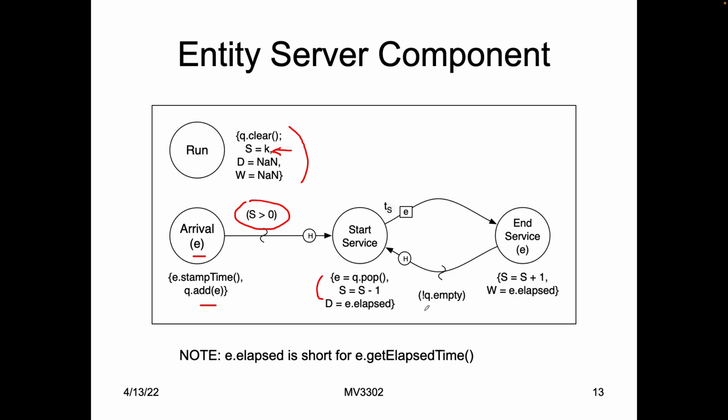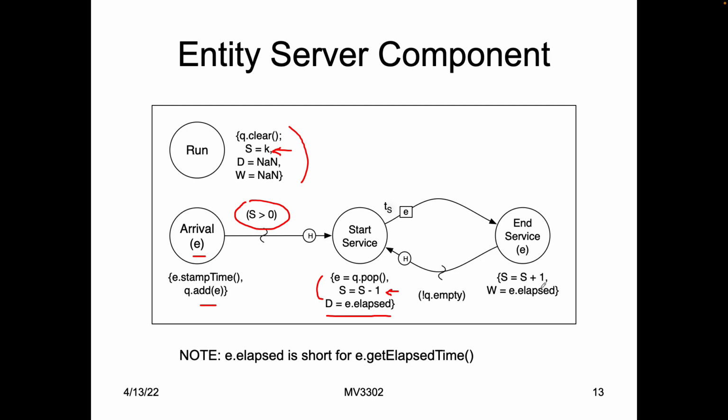Now let's look at our start service state transition. We're going to pop off the first guy from the queue, and that gives us an entity. Again, as before, we lose one of our available servers, but now the delay in the queue is the elapsed time of this entity. Because the entity remembered when it showed up at the arrival event, the elapsed time is the time between when the arrival event occurred and the start service occurred, but for that entity.